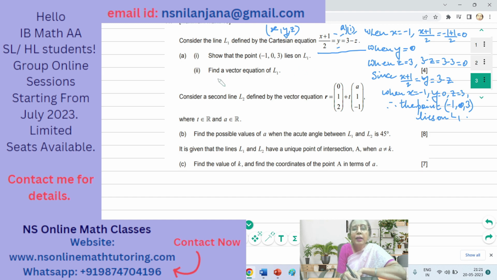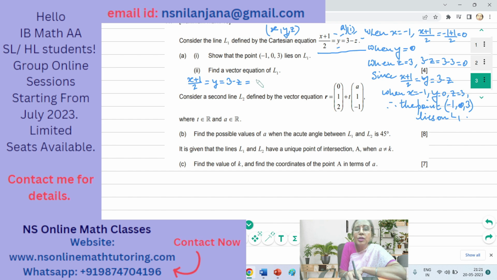Coming to II, find a vector equation of L1. Okay, vector equation of L1. So let me just write this Cartesian equation given to us over here. X plus 1 over 2 equal to y equal to 3 minus z.